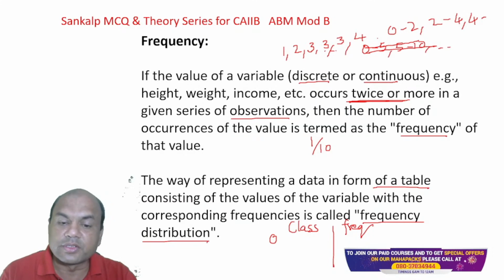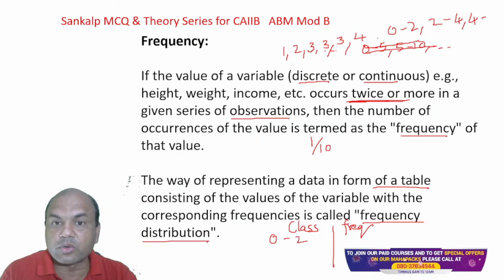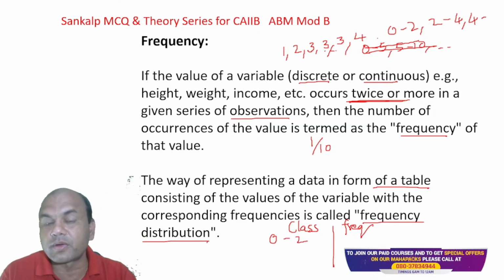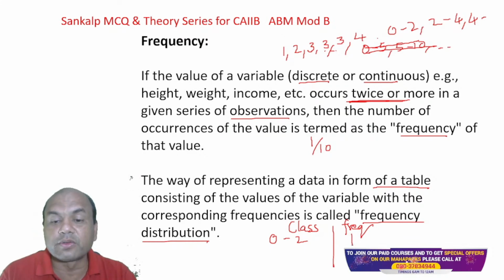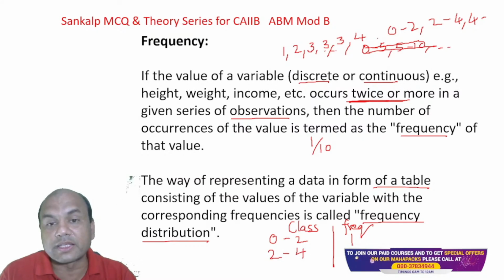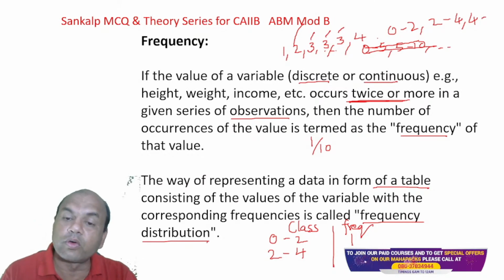So 0 to 2, how many are there from 0 to 2? Now remember, 0 to 2 means what? Will 2 be considered in this? No, 2 will be in the next class. 0 to 2 means less than 2. So here the frequency is 1 only. Then 2 to 4: starting from 2, then 3, 3, 3, and 4 will be in the next class.